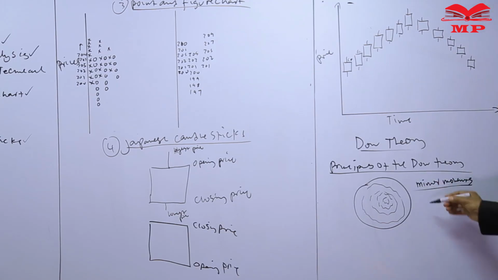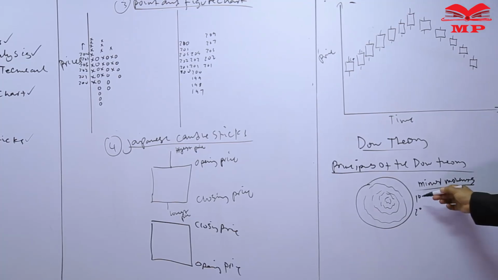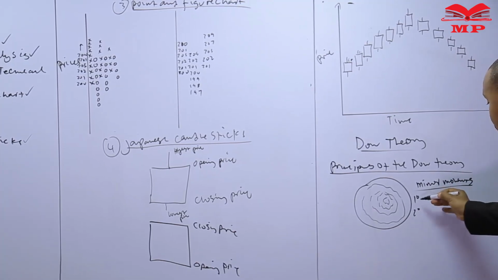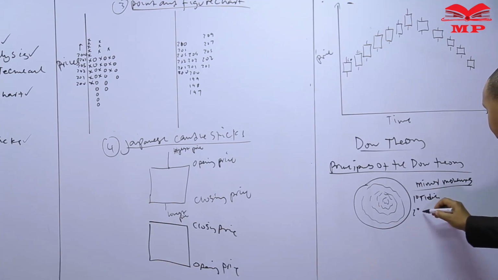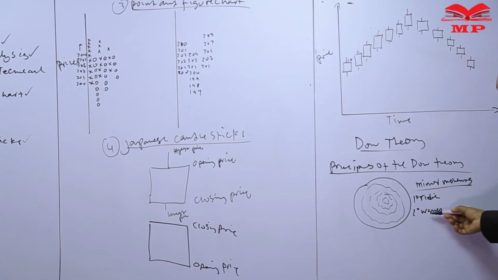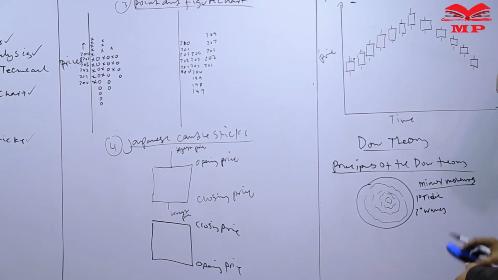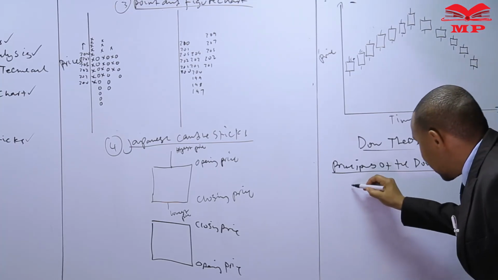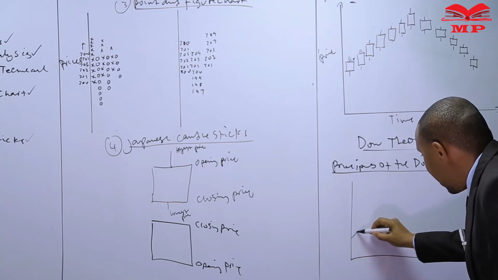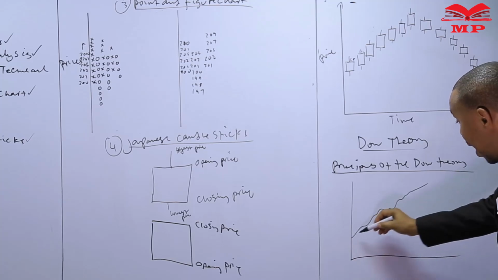The primary movements are synonymous with tides, and the secondary movements are similar to waves. Waves are smaller than tides, and the minor movements are the smallest. Putting it all together, if you have a price movement moving in that direction, that's the actual price movement.